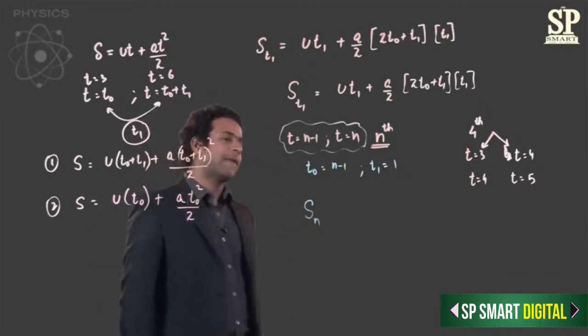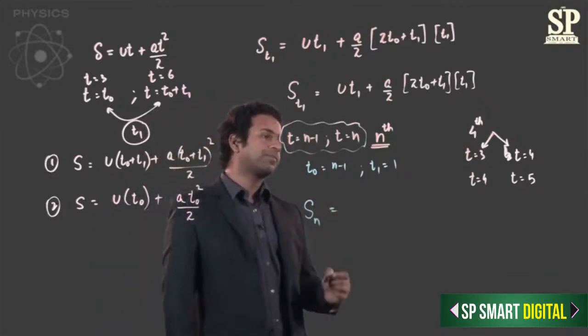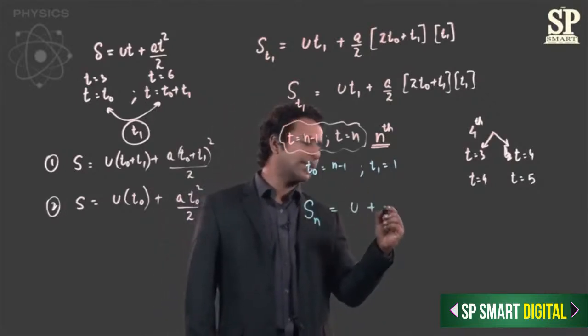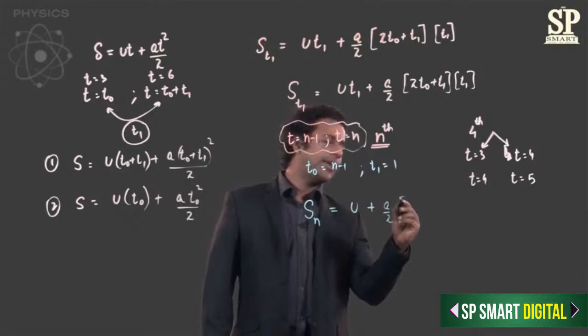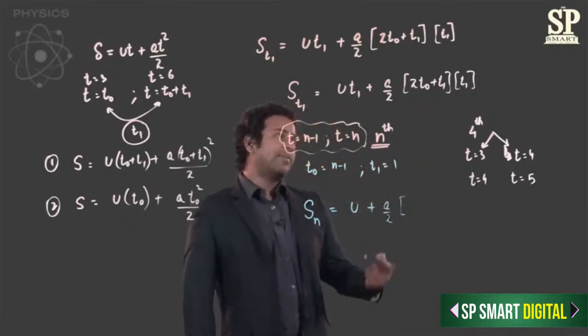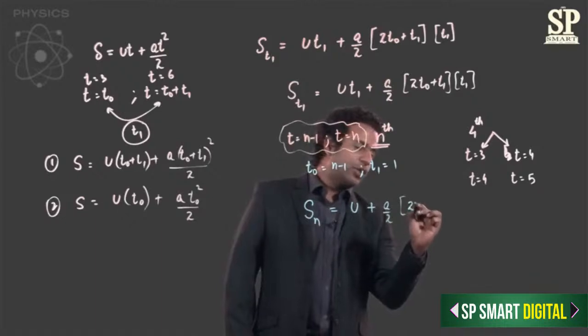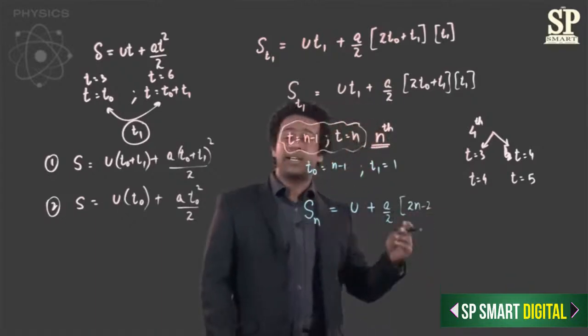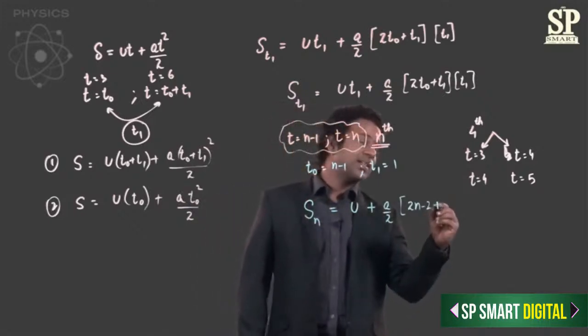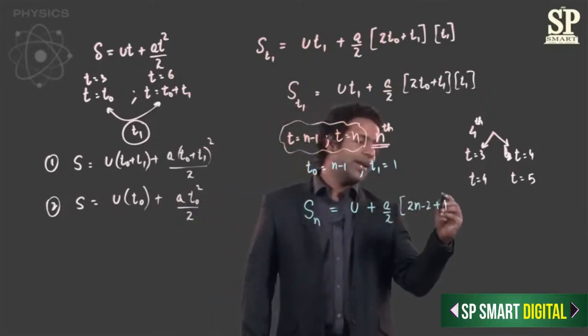So Sn is basically equal to u into 1, which remains u, plus a by 2 into t naught should be replaced with n minus 1. So you'll basically have 2n minus 2. I've multiplied 2 inside the bracket, which was n minus 1, plus t1 is 1 into 1.